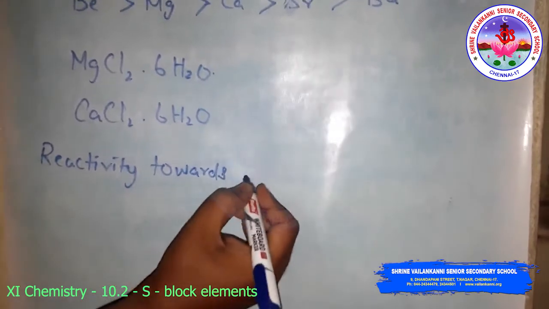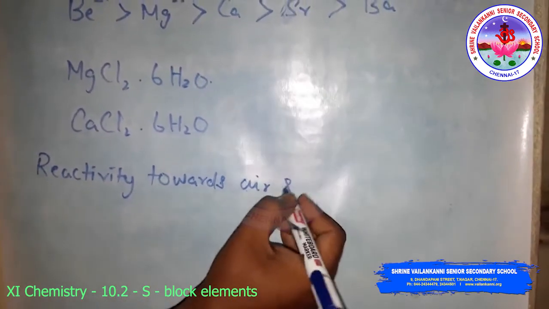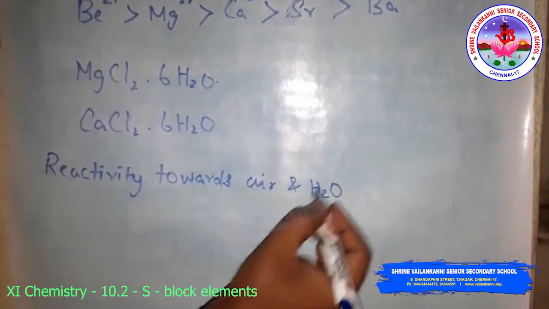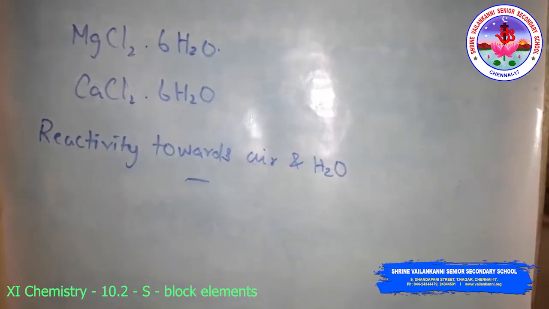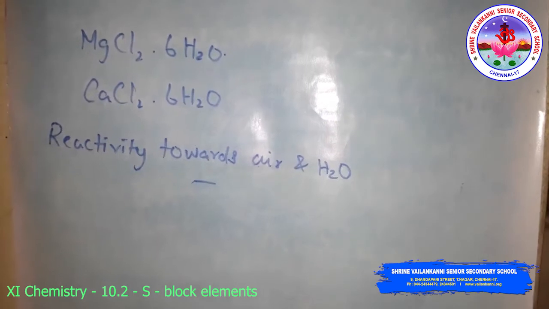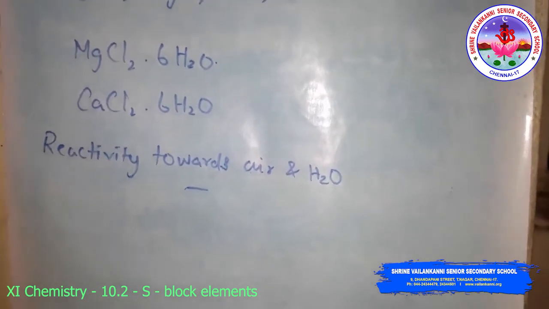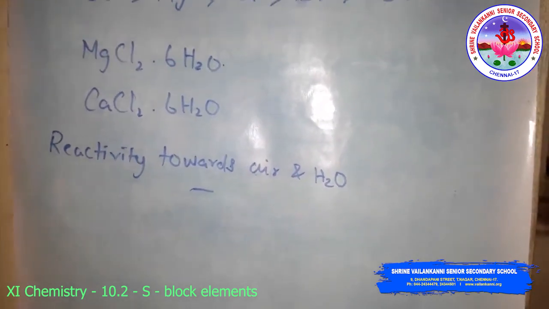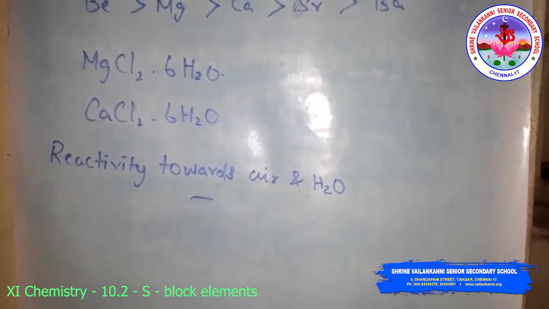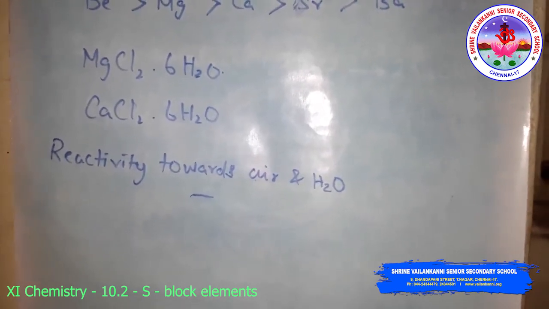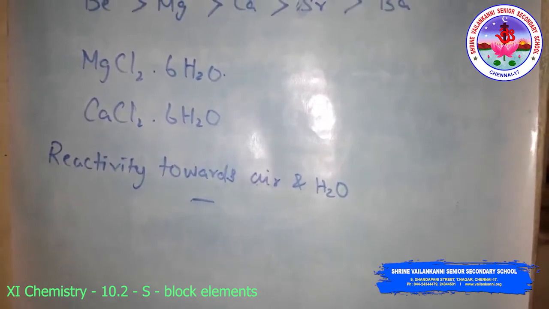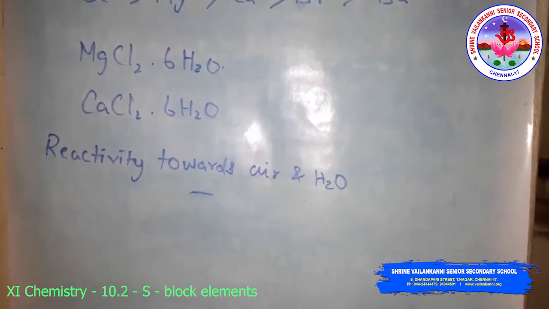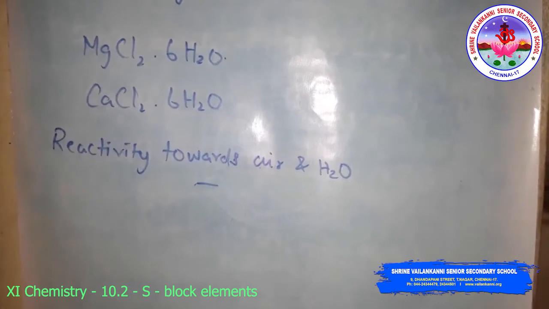Beryllium and magnesium are kinetically inert to oxygen and water because of the formation of an oxide film on their surface. However, powdered beryllium burns on ignition in air to give beryllium oxide and beryllium nitride.